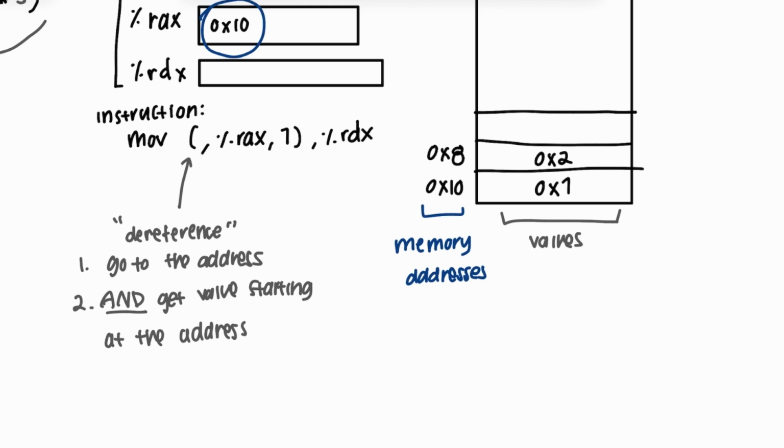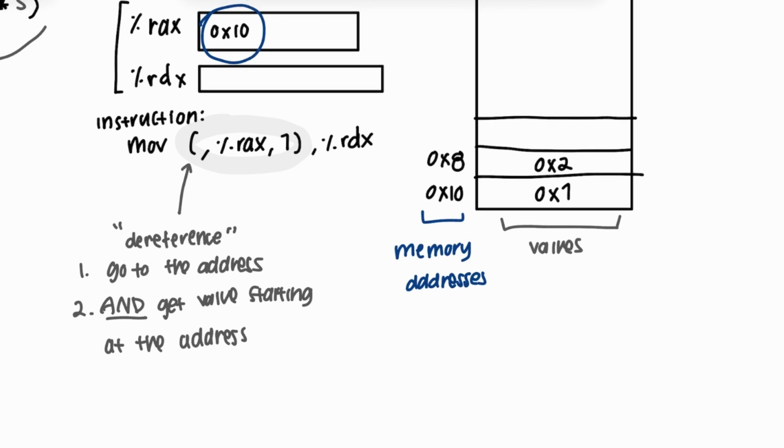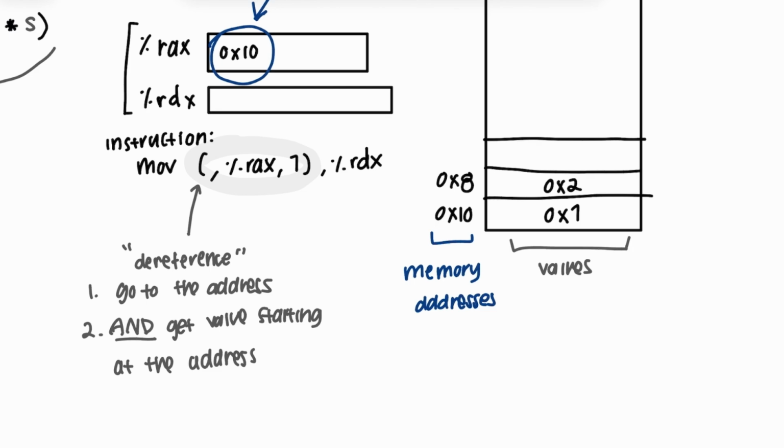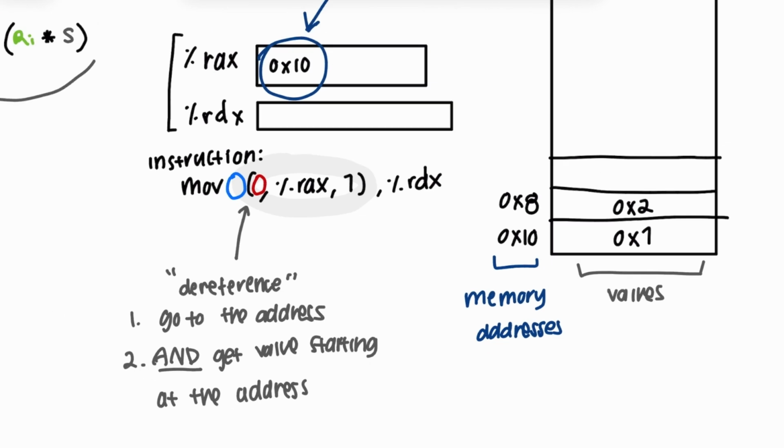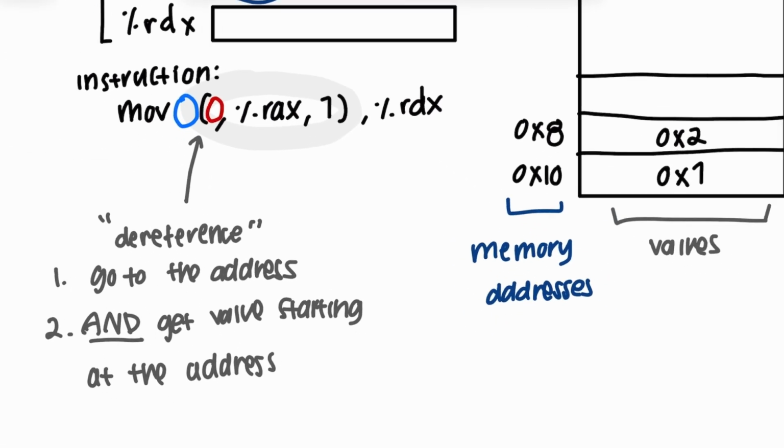Once we see these parentheses, that should indicate to us that we are doing indirect memory addressing. So our first step is to identify D, RB, RI, and S. D is this implicit value over here. RB is the area in front of the comma. RI is RAX, and then our S is 1. Our D is just 0.